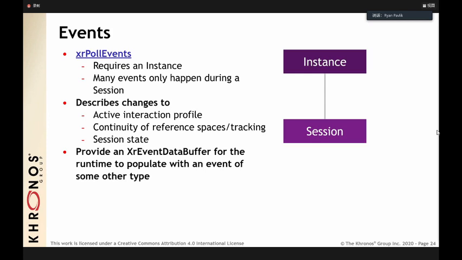You have to make sure you set the type field to XR type event data buffer before the call, and then when you get it back from XR poll events, check that type value and reinterpret that structure accordingly. Each event type has its own documentation in the specification.